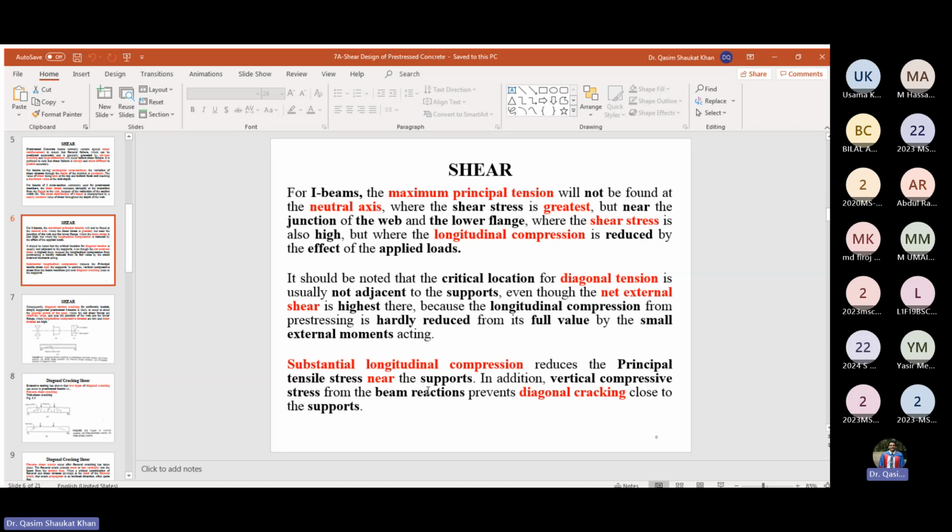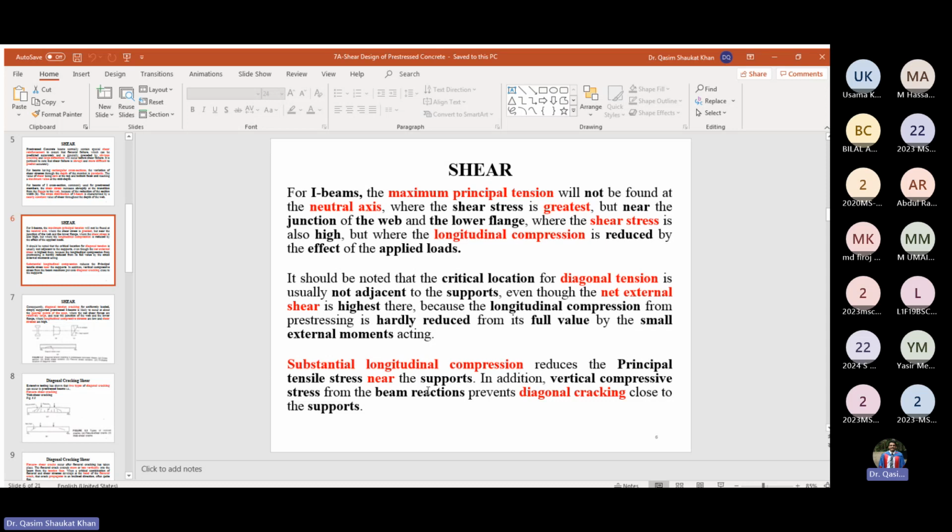Your applied loads produce a sag in the beam, which is producing tensile stresses at the bottom. So the larger the applied service loads, the larger will be the tensile stresses, so they will cancel out your compressive stresses due to the pre-stressing.